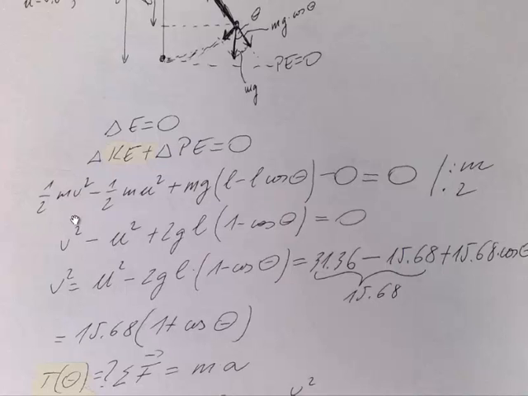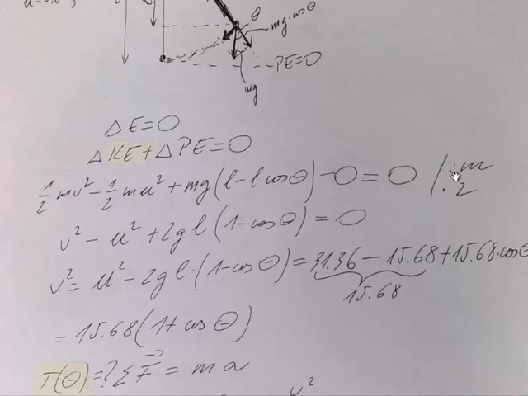Final kinetic energy minus initial kinetic energy, plus final potential energy, m times g times height, minus initial potential energy.